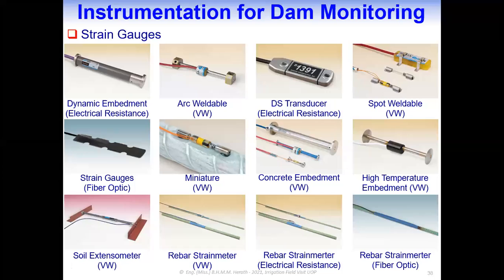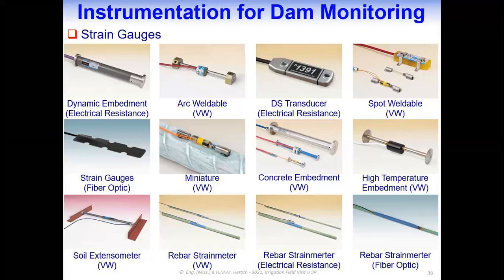You can see here that the dynamic embedment strain gauges are used for measuring dynamic loading, and the electrical resistance type is selected because their response time is very low, and the other two, the concrete embedment and high temperature embedment, are a little bit slow, having a little bit higher response time compared to the dynamic embedment type gauges.